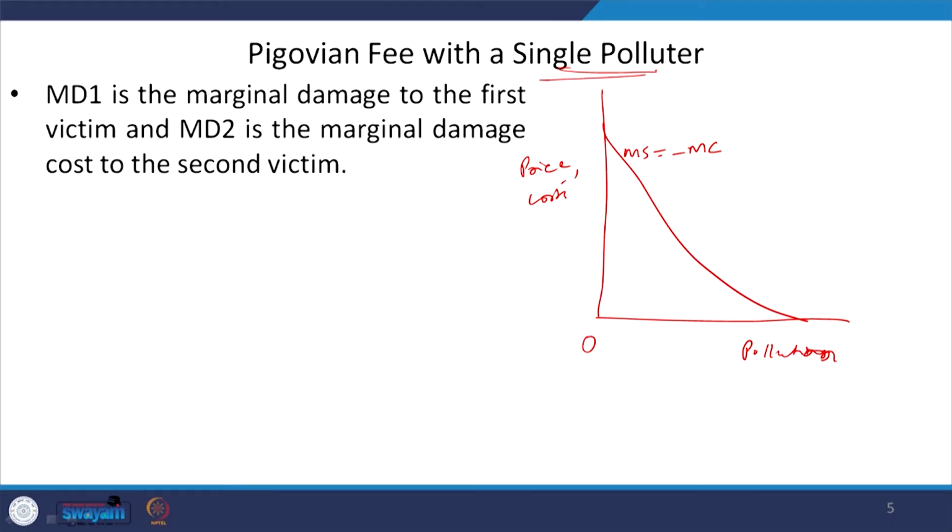Let us say this is the marginal damage function of the first victim and this is the marginal damage function of the second victim. Okay. So, this MD1 is the marginal damage to the first victim and this MD2 that we have just drawn is the marginal damage caused to the second victim.